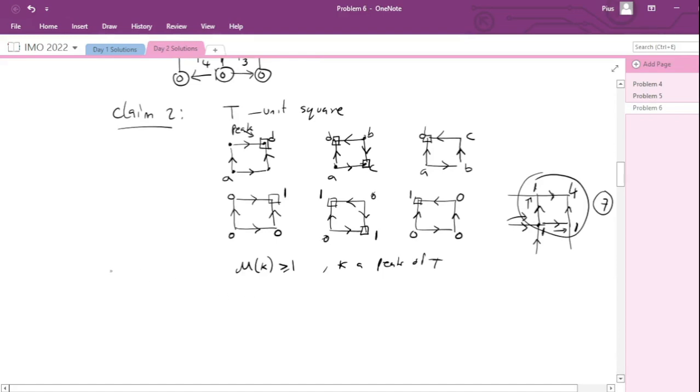So now we're going to create a partitioning of squares. So we're going to create 2 sets.